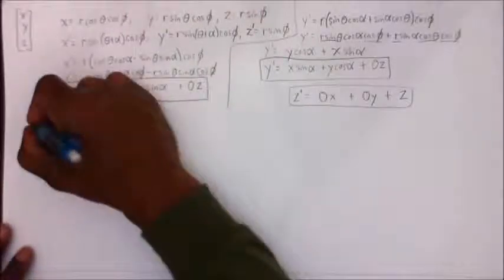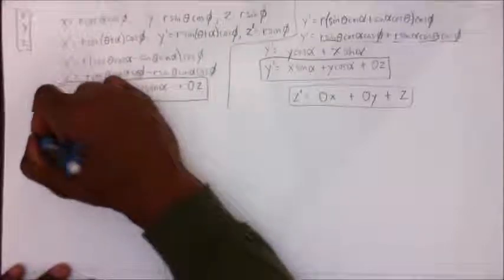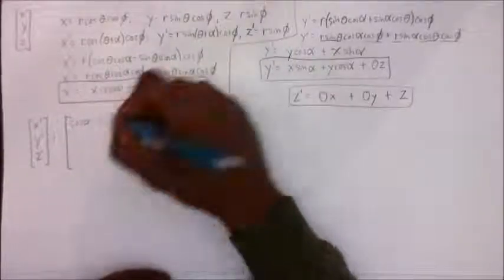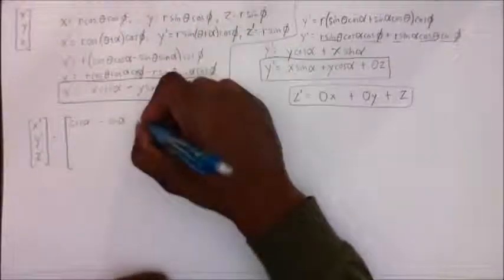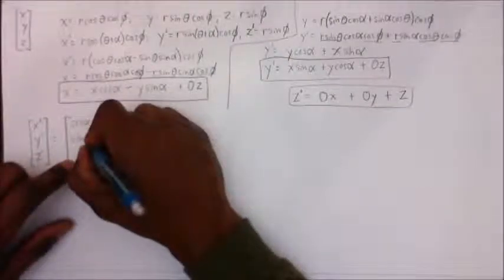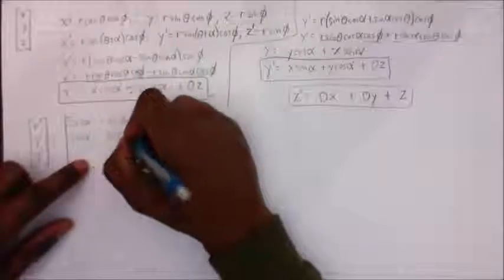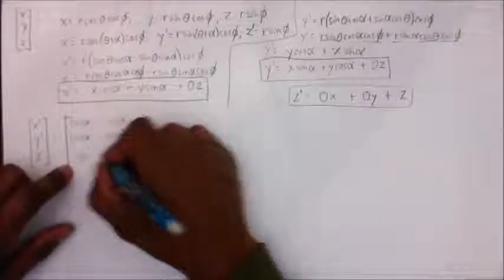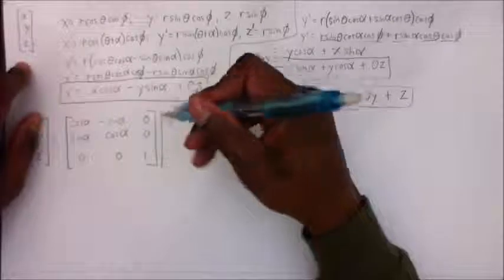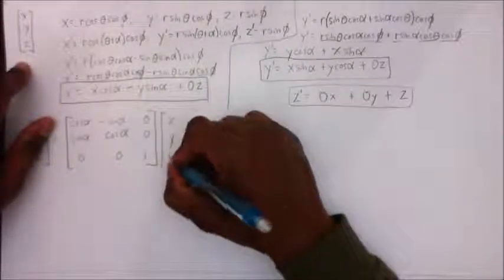And so now I can write this in matrix notation. We can say x prime, y prime, z prime is equal to the matrix cosine alpha, minus sine alpha, 0; sine alpha, cosine alpha, 0; and 0, 0, 1, times the vector x, y, z.